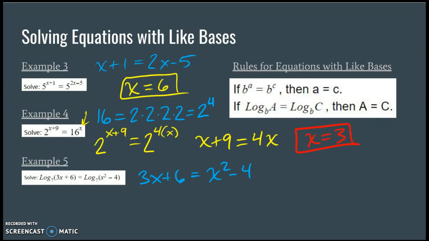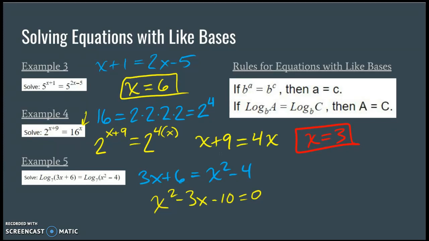But we can't check an answer if we don't have one. So let's solve this quadratic. I need to get it equal to 0. So I'm going to subtract the 3x to the right side. I'm going to subtract the 6 to the right side, so the x squared remains positive, but now the 3x has become negative, and the negative 6 combines with the negative 4 to give me negative 10.